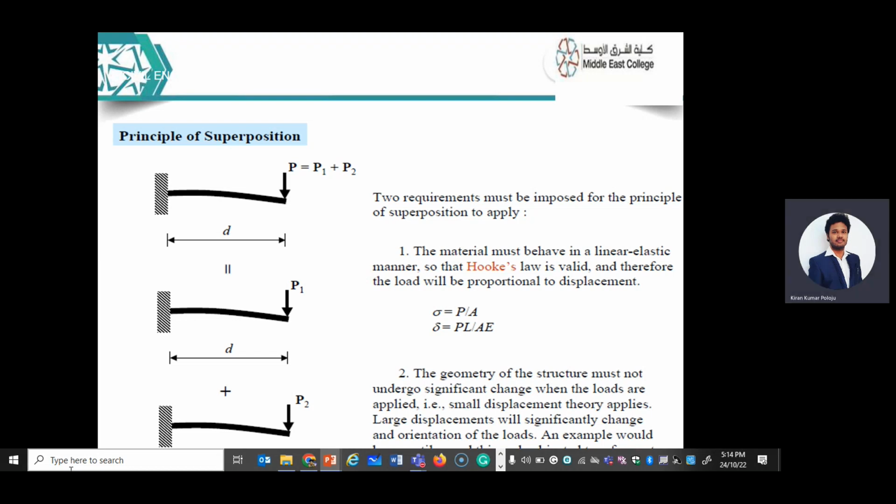And if you keep applying the load, the specimen will break. So Hooke's law means the stress is directly proportional to the strain within the elastic limit. That is the definition of Hooke's law. The stress is directly proportional to the strain within the elastic limit.